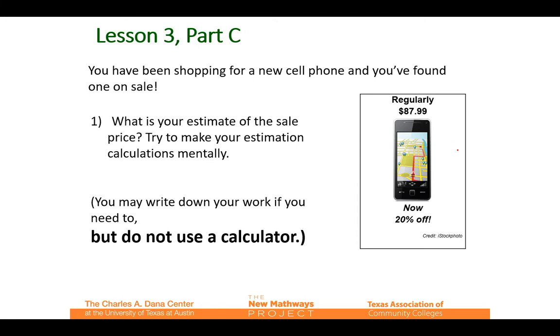Okay, 20, what does it mean if something's 20% off? Well, I'm not sure how good you are with your fractions and your decimals, but you know that 10% is 1/10. 20% is twice as much.